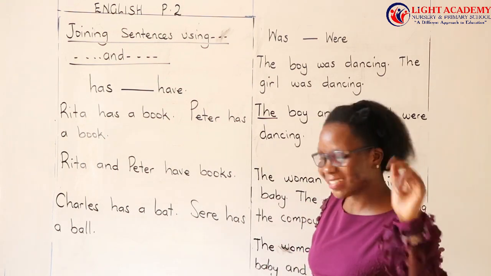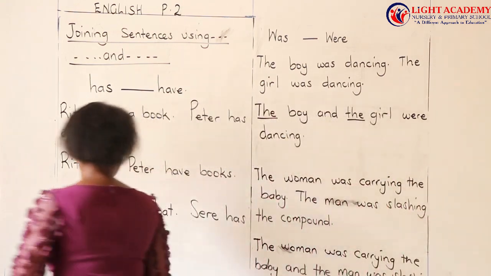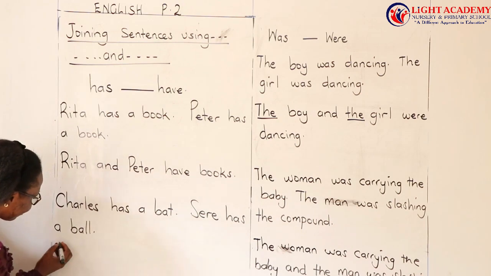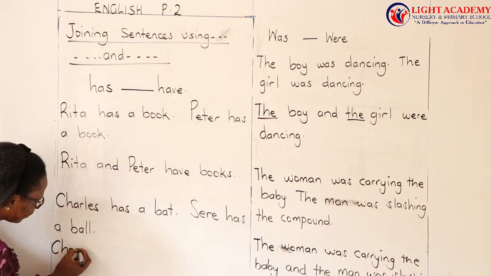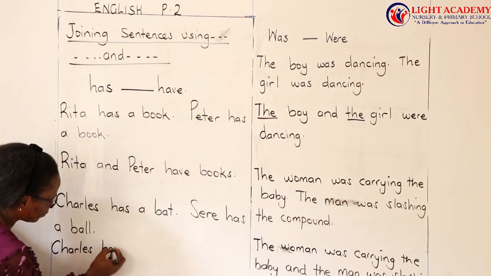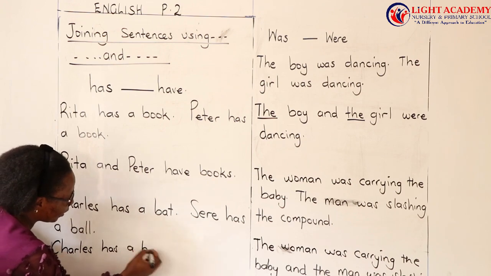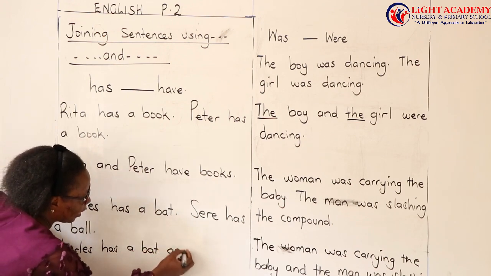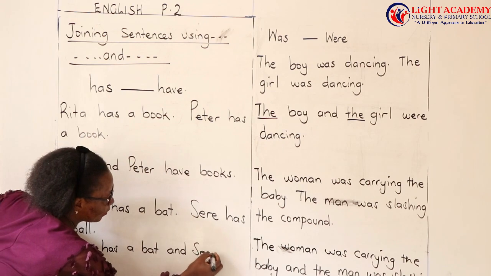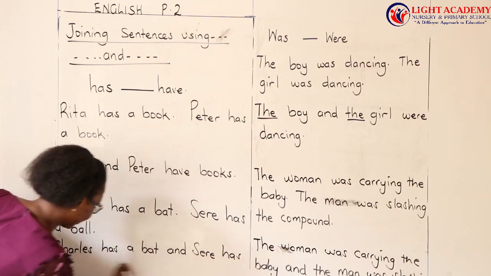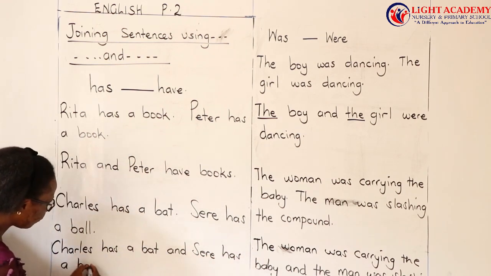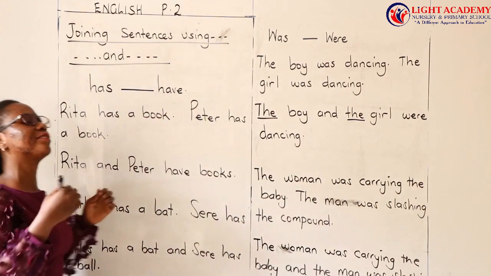The secret is simple. So let's look at the answer. Charles has a bat and Sere has a ball. As simple as that.